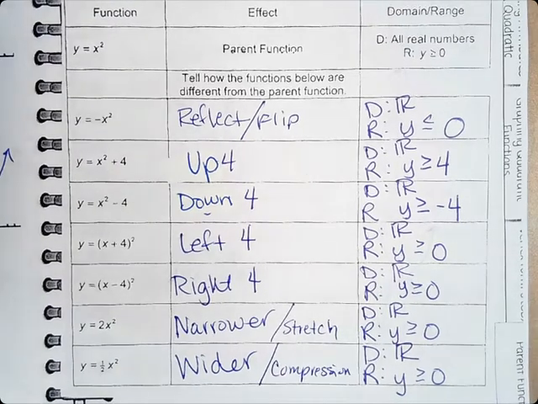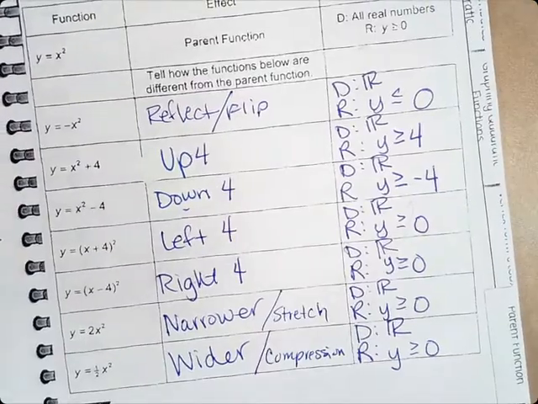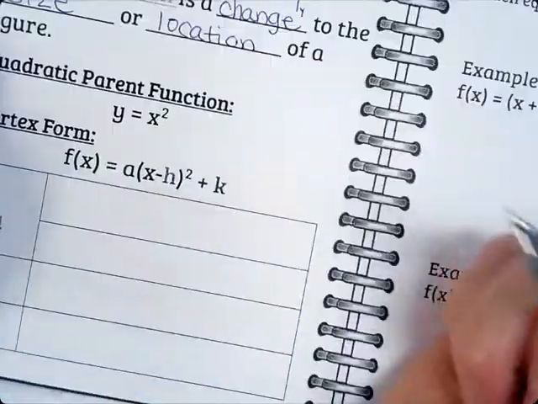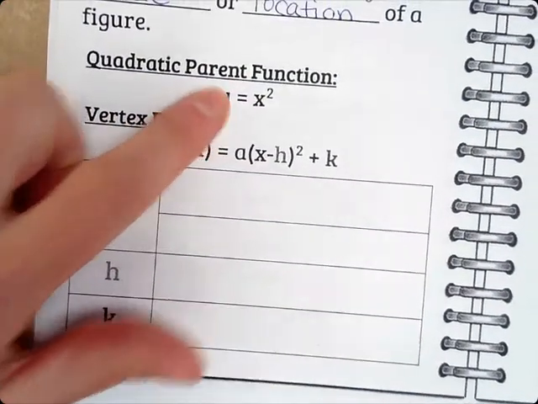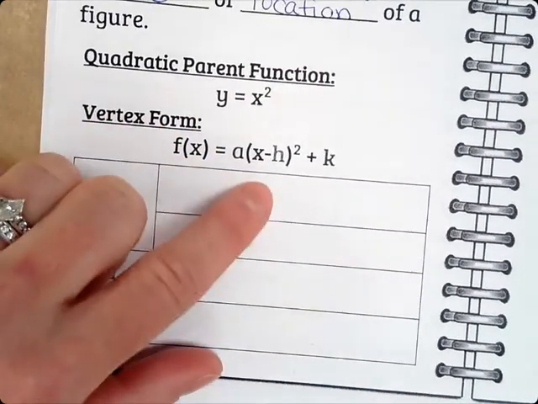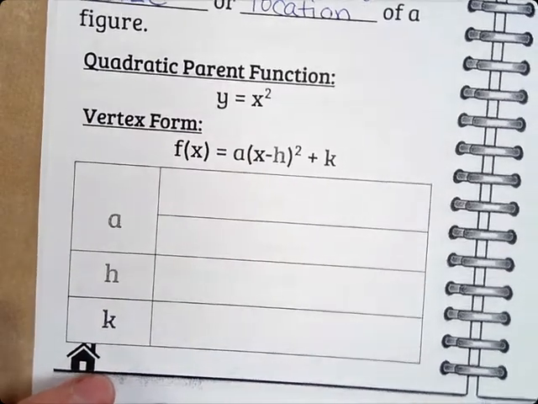Okay, let's go to the front. Not the front one, the first page we were working on, so we can finish that. Okay, so the quadratic parent function. So when we have y equals x squared, it's in the vertex form. How does A affect our function?